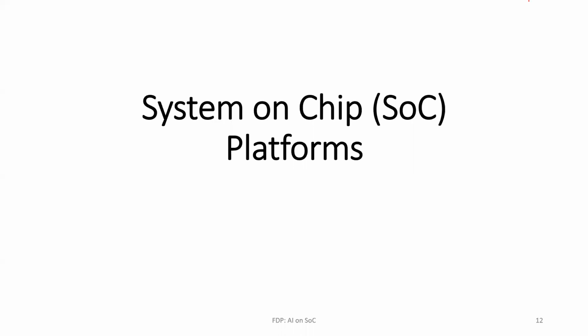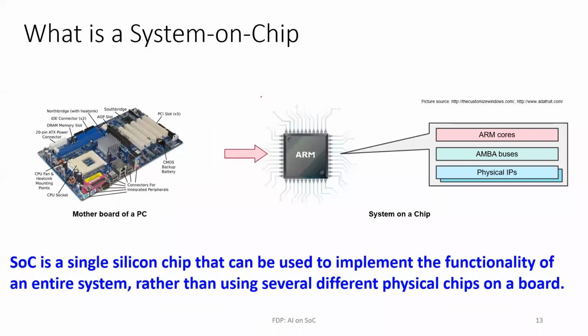So now we need to look at the system on chip platform. Before we look at the system on chip platform, we need to understand what the system on chip is. We have seen a lot of PCB boards where you have multiple chips, the system on board.